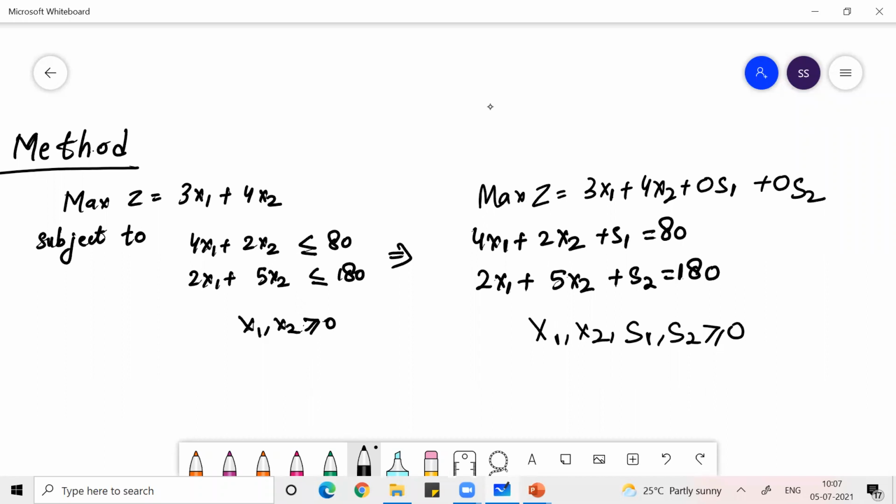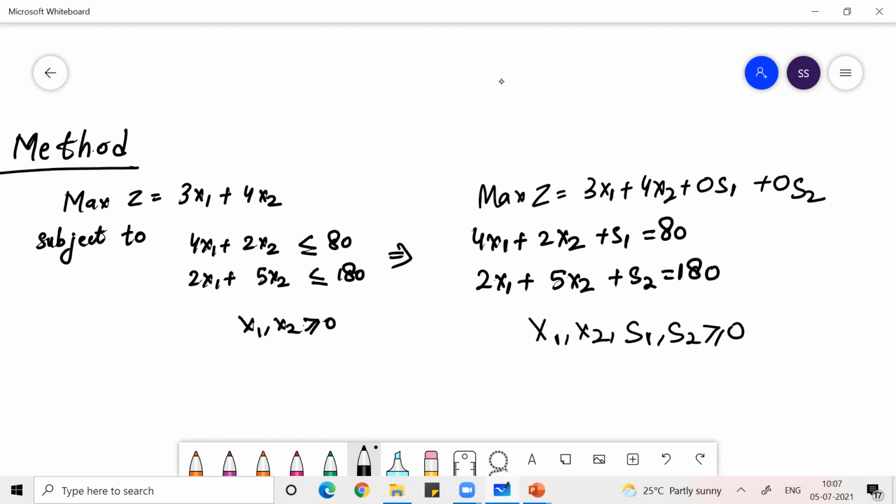See this? The given equation will be converted into this form. Any doubts? So you introduce the two slack variables s1 and s2. Whenever we are solving a problem by the simplex method, this is the approach we follow.